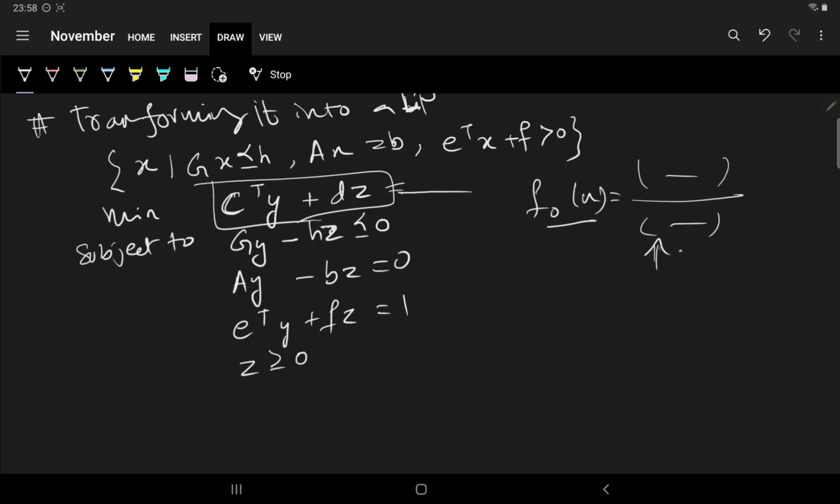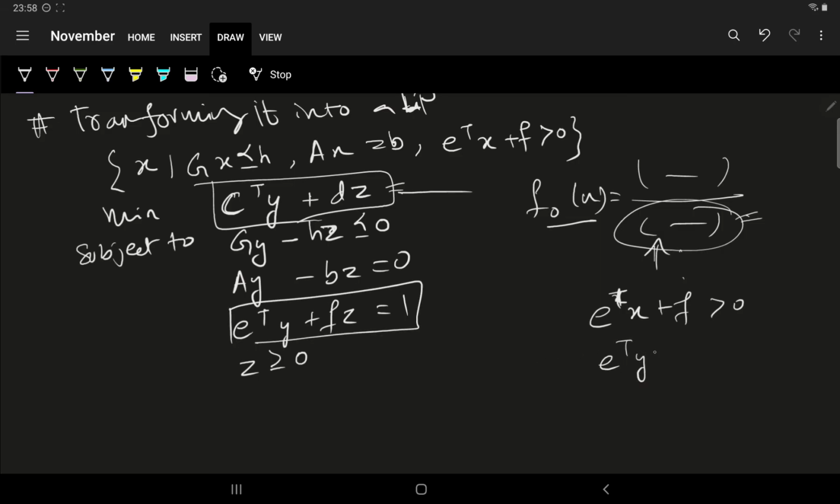We somehow changed the denominator to 1, such that we changed it from this to another function, this.